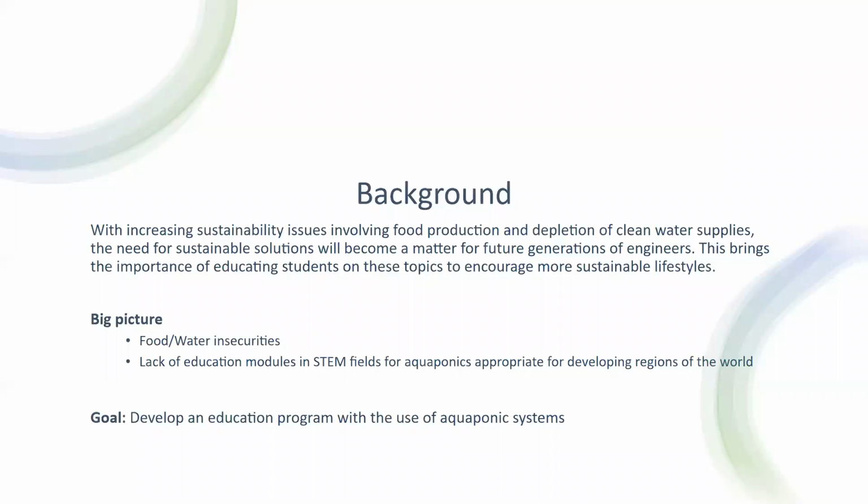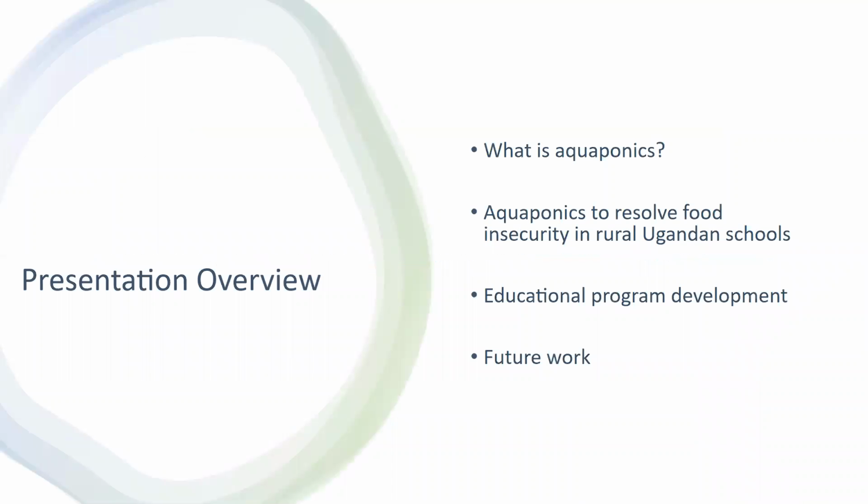So I figured that implementing an educational system in Uganda's schools will allow future generations of engineers to tackle these sustainability issues. So my goal is to develop an educational program revolving around aquaponic systems. So these are the presentation overviews.